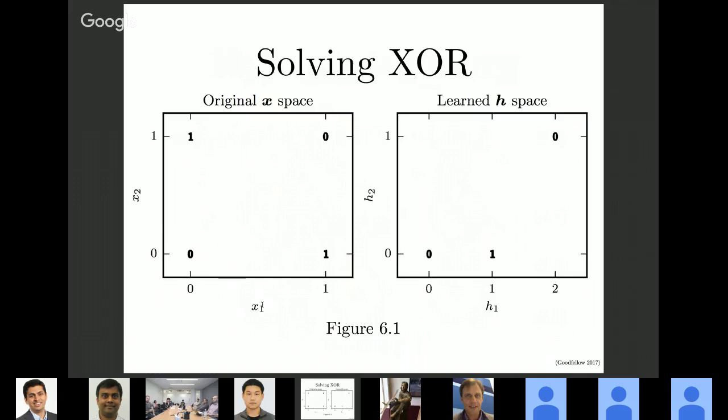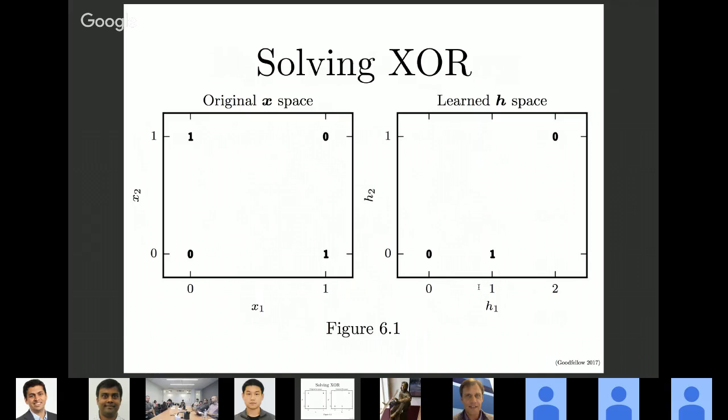On this graph, we're plotting x1 on the horizontal axis and x2 on the vertical axis. We're actually looking at the bits that are the input to the XOR problem. On the right, we plot the same problem looking at the values of the hidden units, the features that we actually learned using these W and C parameters and the rectified linear function.